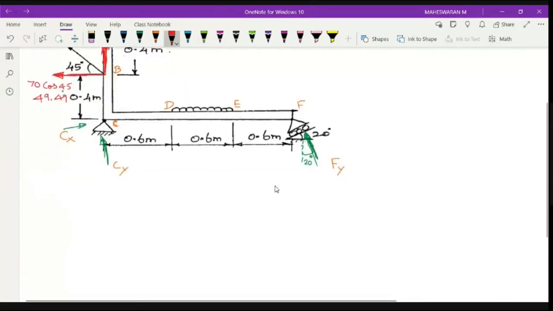Now you have one more inclined force here. In this roller support, it is inclined, so that also I have to resolve. I have one like this, vertical, other horizontal. Vertical, it is cos 20, so Fy cos 20.